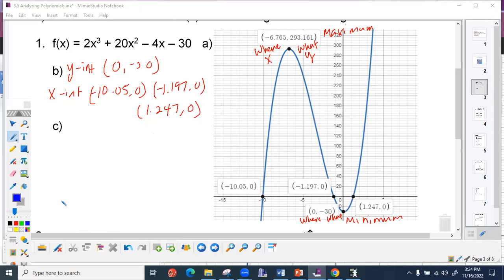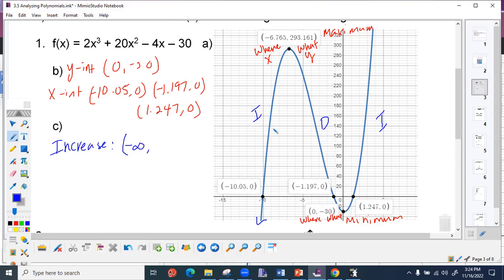Then the next part is, what are your intervals of increase and decrease? So when I look at this graph, reading it from left to right, the graph is doing what here? Increasing. So I'm going to write my intervals of increase. When you're writing your intervals, you use parentheses only, right? Where does it start and where does it end? This first increase starts all the way down here in Foreverland. Well, that's going to be negative infinity.